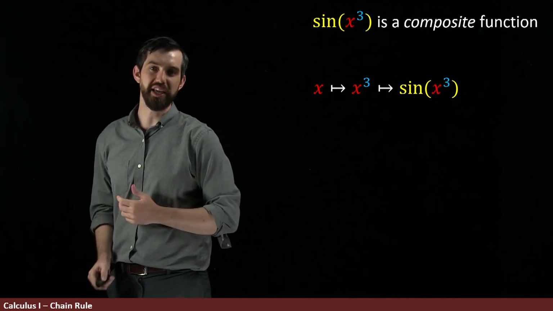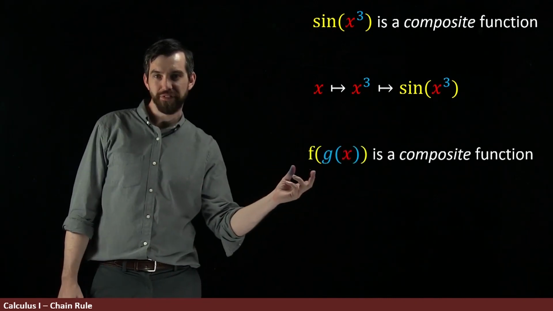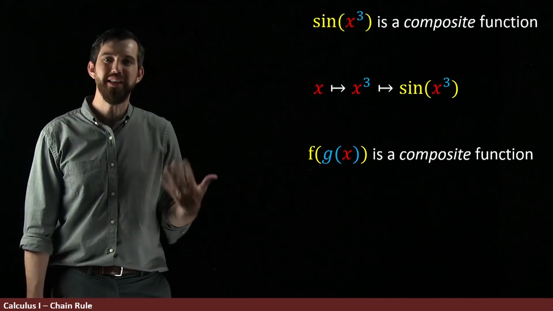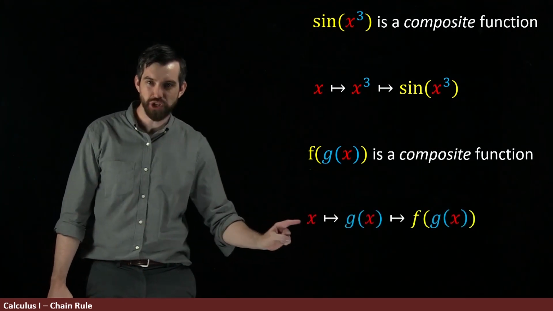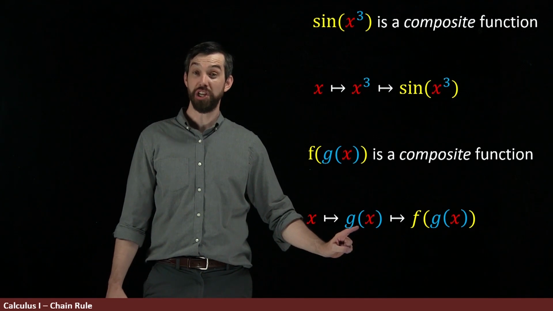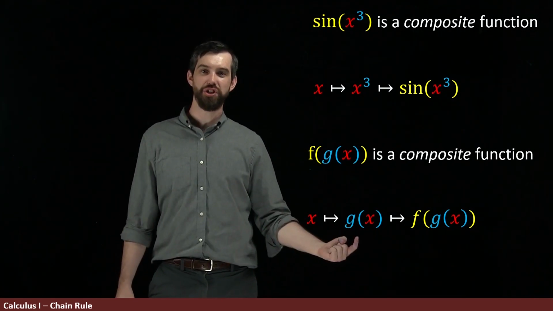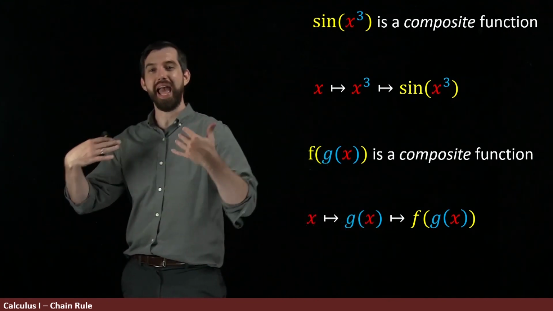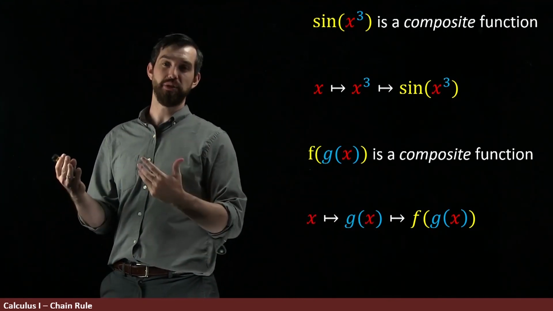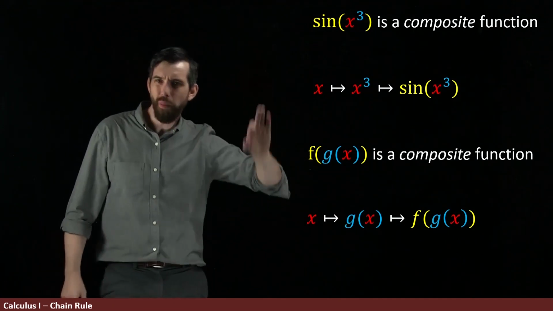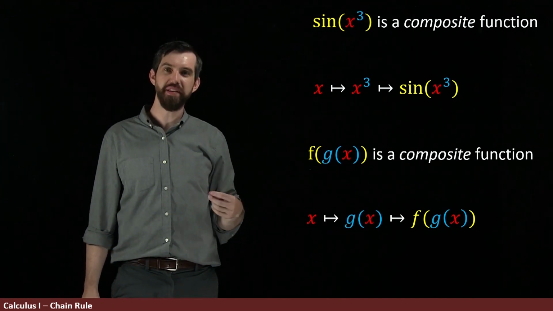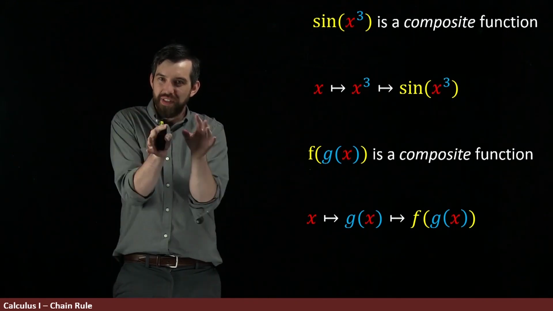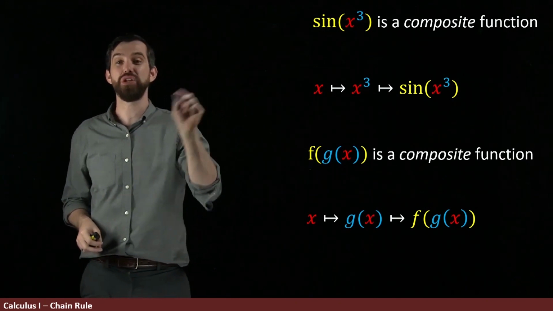Or more generally, if I have f of g of a variable x, what you're doing is starting with this value of x, doing the first function, the g, the inside, to make it g of x, and then applying the outside function so you get f of whatever g of x was. So a whole bunch of different functions can be written in this way, where you've got an outer function, that's the sine in this case, and an inner function, that's the x cubed in this case.